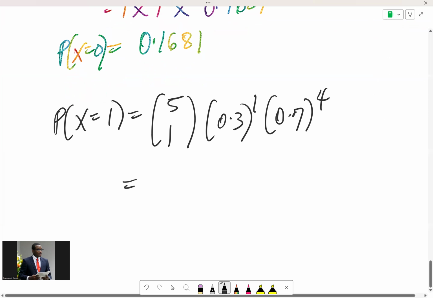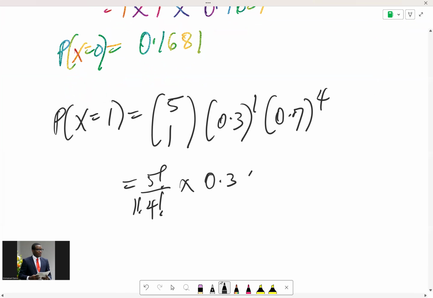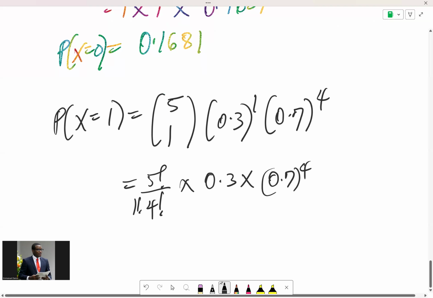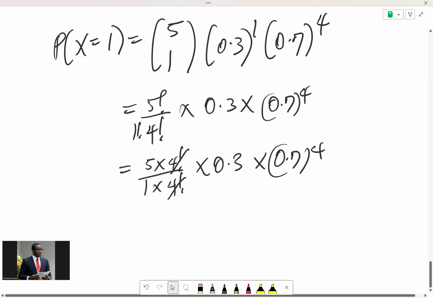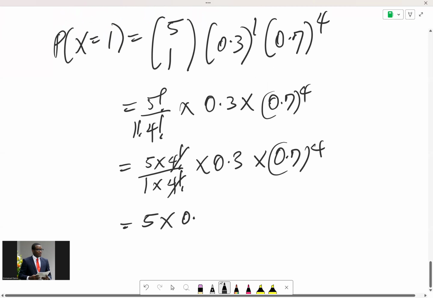Of course, 5 combination 1 is 5 factorial over 1 factorial 4 factorial, times 0.3 times 0.7 raised to power 4. 5 factorial can be written as 5 times 4 factorial over 1 factorial. 1 factorial is 1, and this 4 factorial cancels out. So we have 5 times 0.3 times 0.7 raised to power 4.